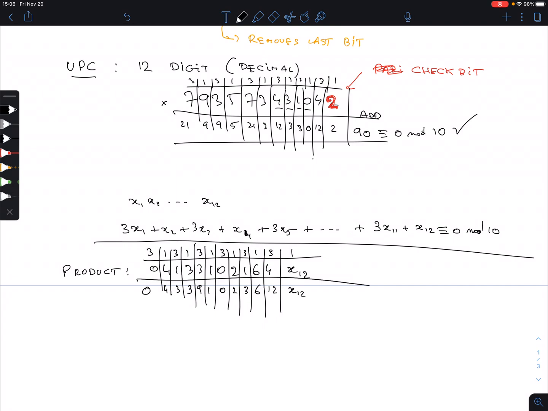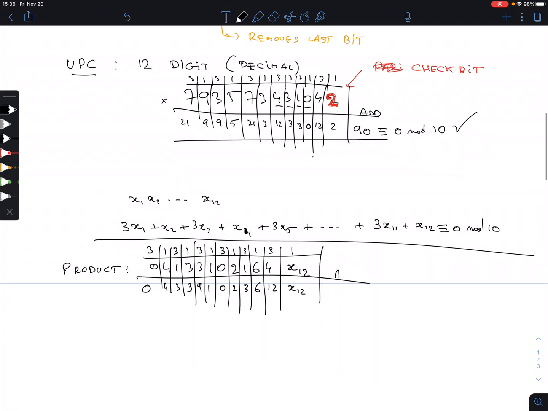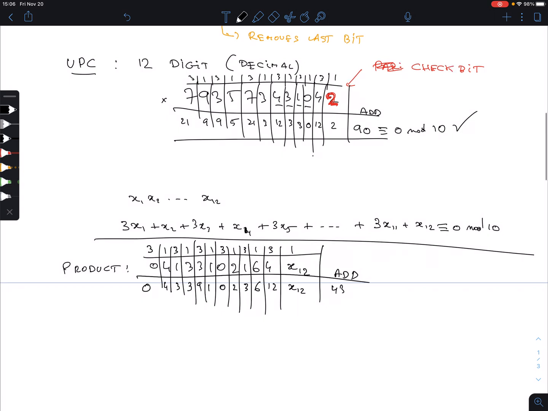Okay, let's add this all up. That is 7, 10, 20, 25, 31, 30, 41, 43. So we get 43 plus X12 must be equivalent to 0 mod 10. But 43 is the same as 3, so 3 plus X12 would be equivalent to 0 mod 10.